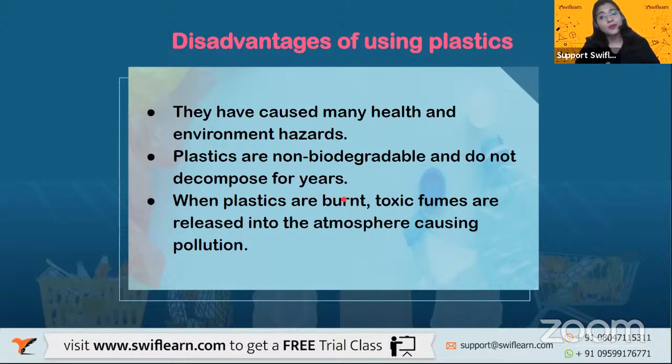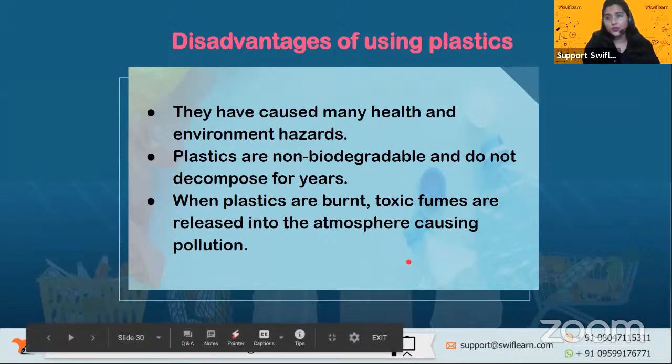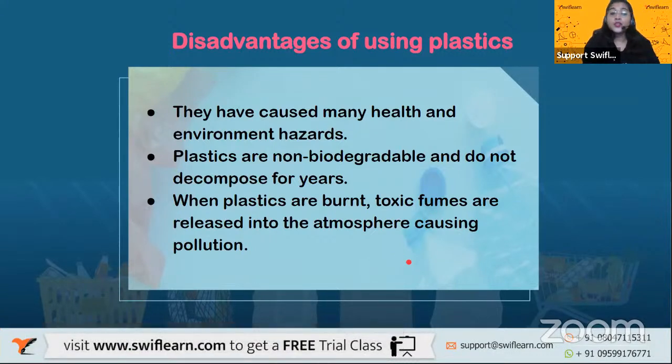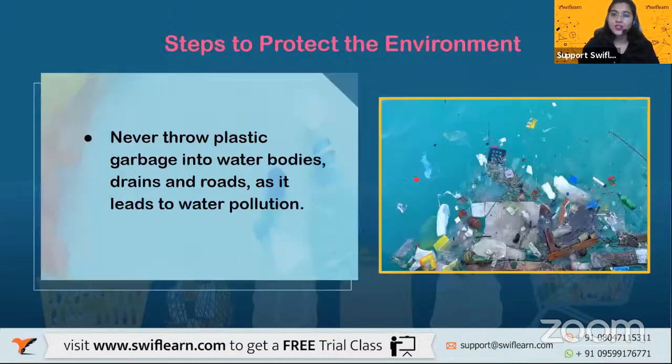And if we burn this plastic, they produce a very harmful fume, a very harmful toxic fume which is released to the environment and causes air pollution. So this is dangerous for our health and also for the environment. This is the disadvantage of plastic.